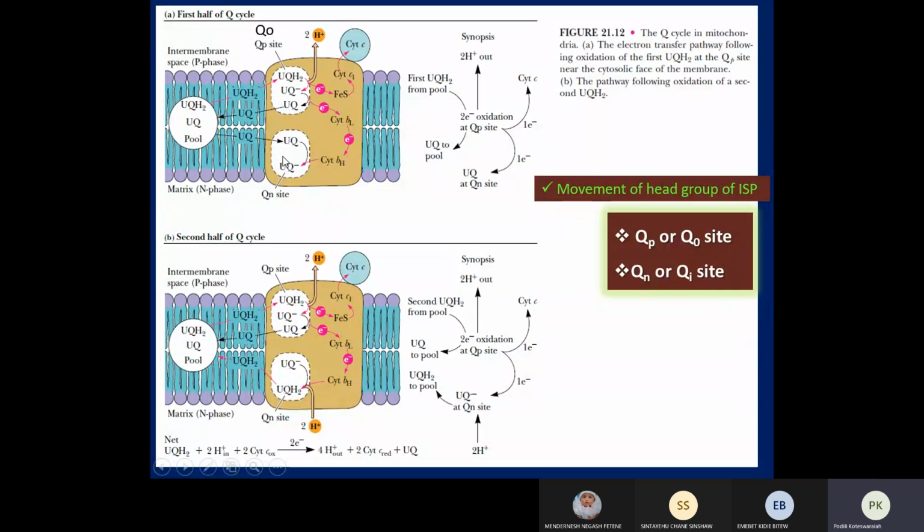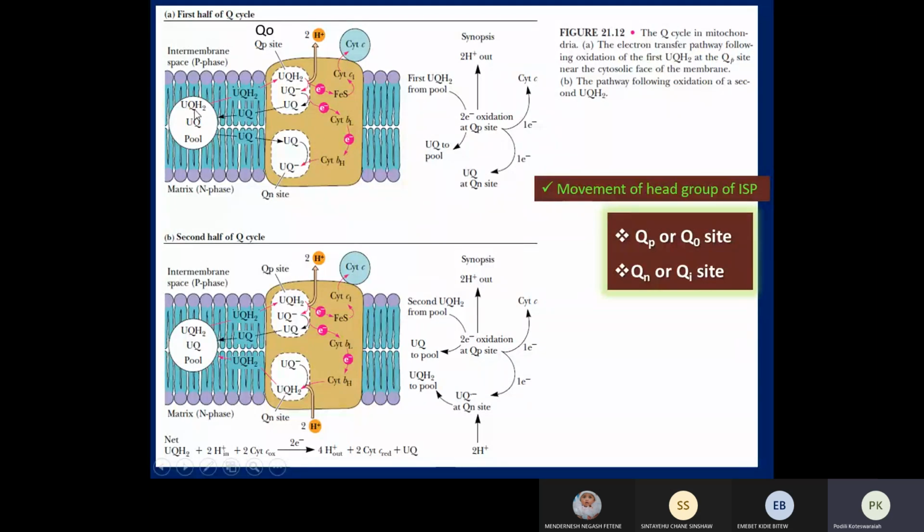And this ubiquinone again diffuses through the membrane. Again, it binds at the QI site. Now, the electron that is released to the cytochrome bL by the semiquinone is further transferred to the cytochrome bH, and cytochrome bH further transfers these electrons to the ubiquinone. As a result, the ubiquinone becomes again semiquinone. So that means this Q cycle takes place in two half cycles.